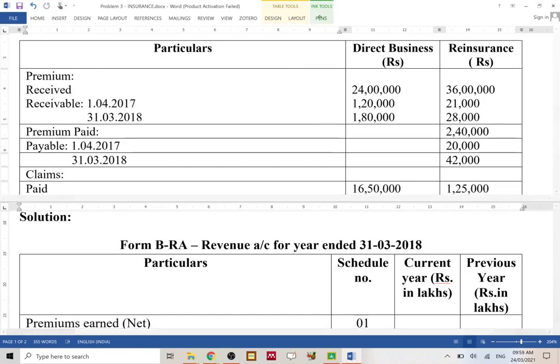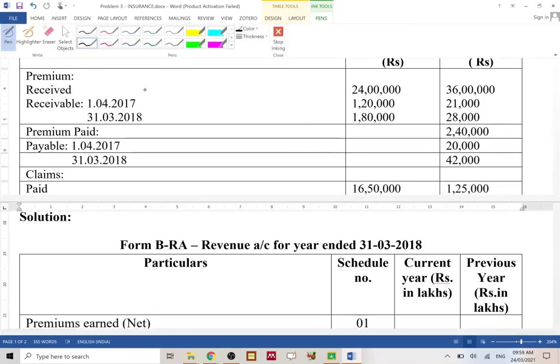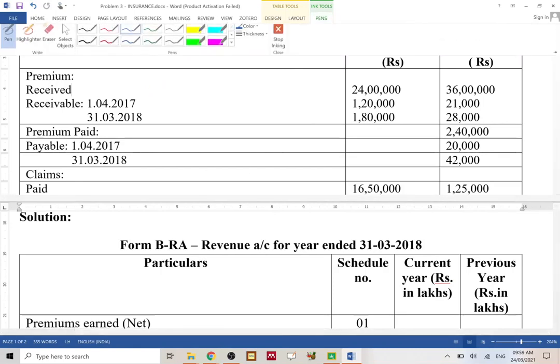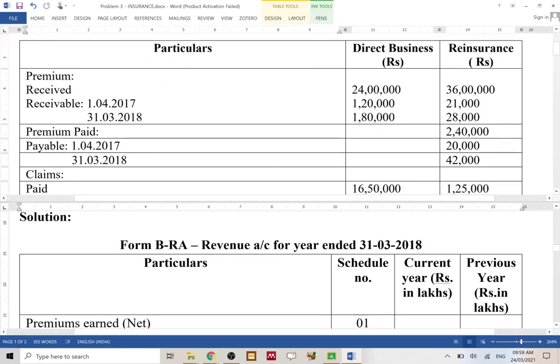In the first case, we have your premium. Premium which is received on direct business, we know directly; we don't have to decide what type it is. All of the premiums will go under schedule 1. Premiums paid also will go under schedule 1, any type of premiums. Premiums received on direct business will go directly.